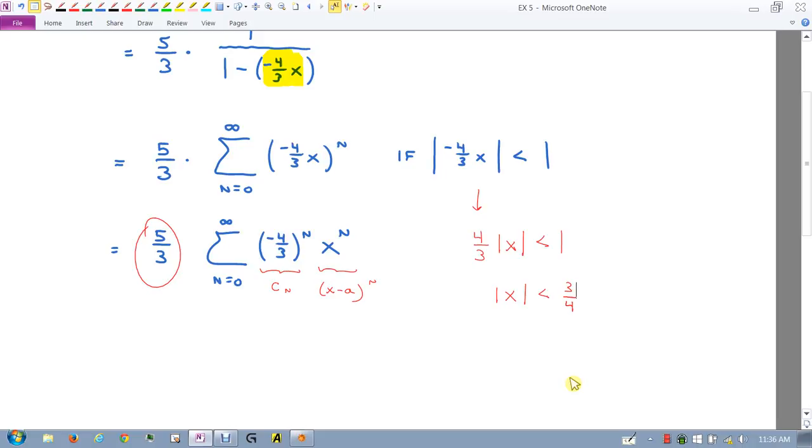So what's my interval of convergence? Negative 3/4 to 3/4. And do not include endpoints because we're using a geometric series, so we don't have to check it. This all right?